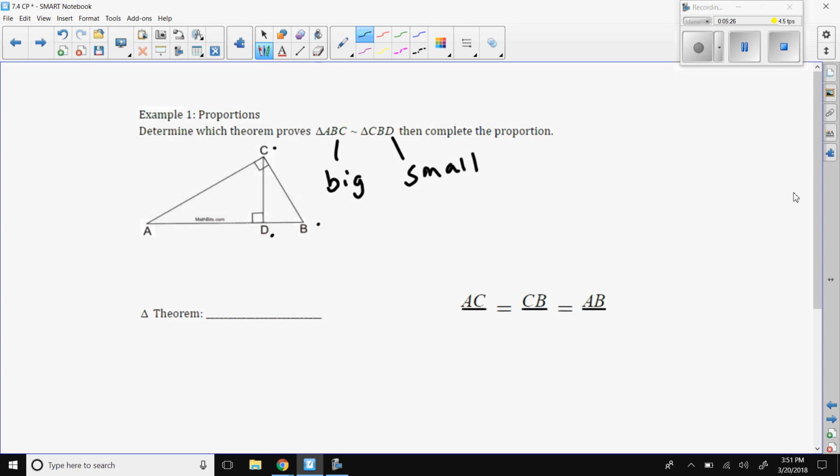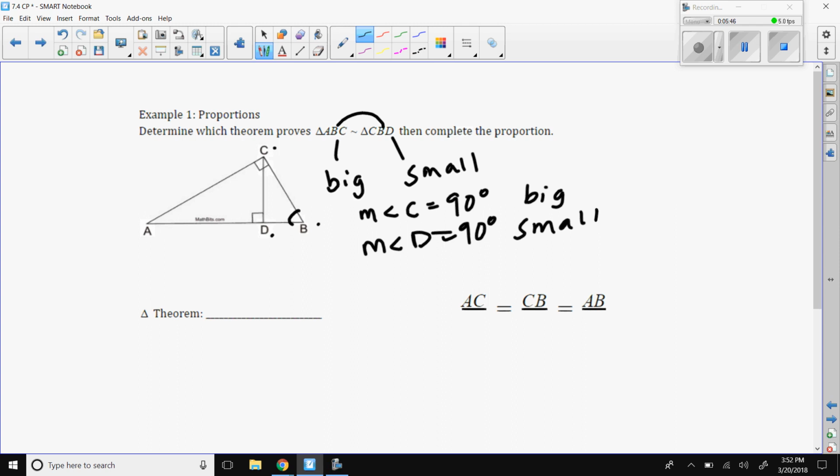B is in the same spot, so they must share this angle. Then they have angle C. The measure of angle C is 90 degrees in the big one, and the measure of angle D is 90 degrees in the small one, which means I must be using angle-angle. I didn't get any side lengths, so I'm definitely talking about angle-angle.